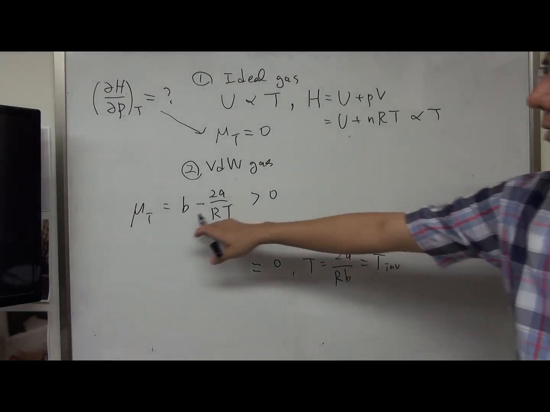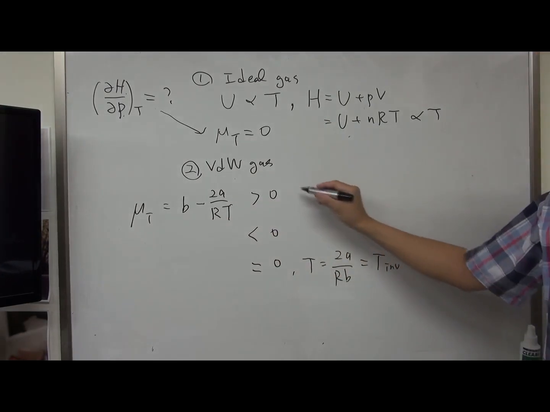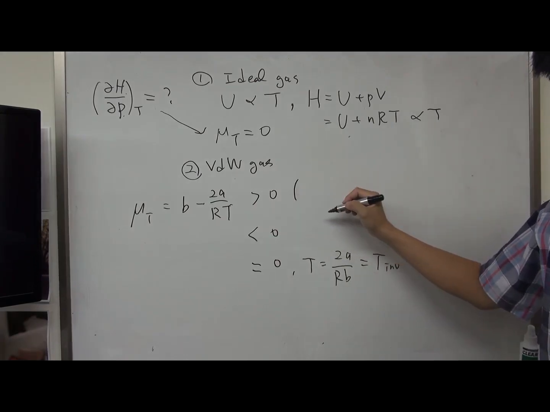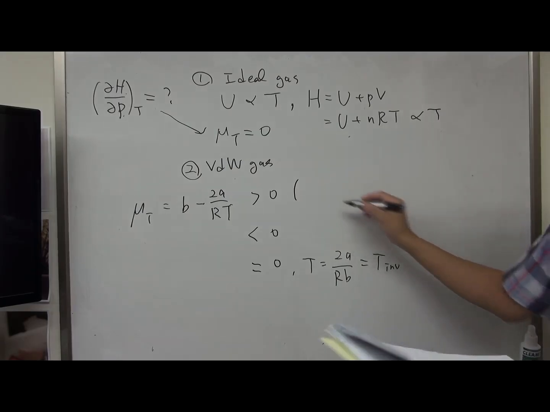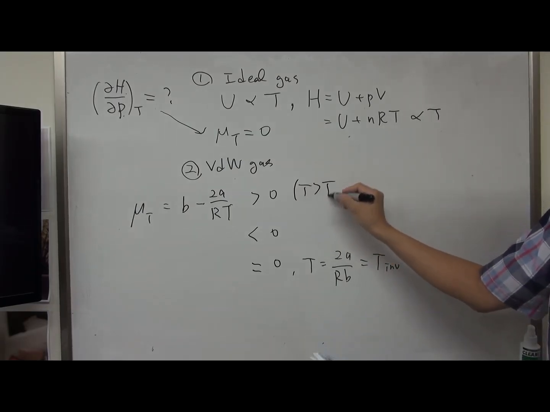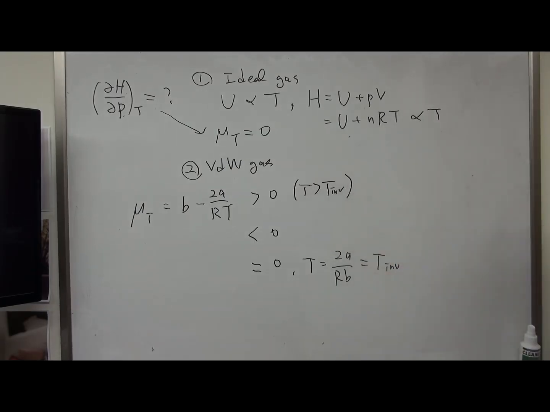And mu T is positive when T is larger than inversion temperature.